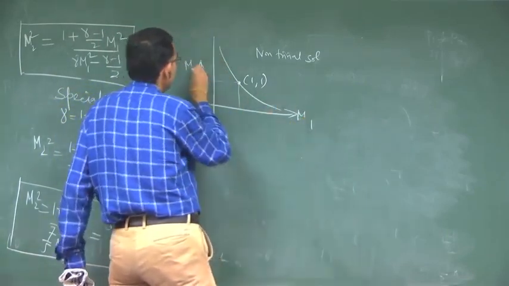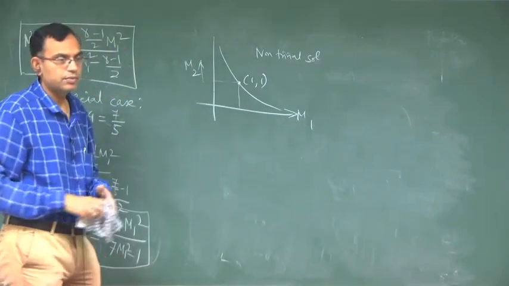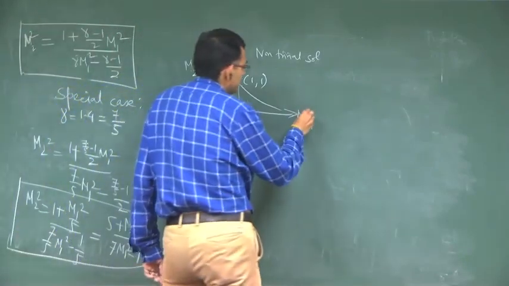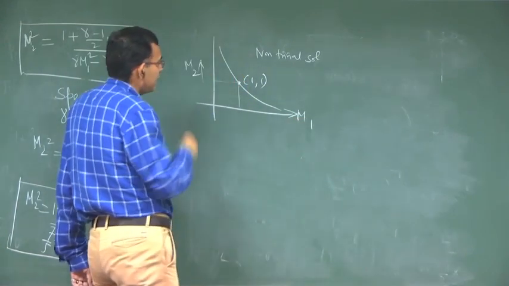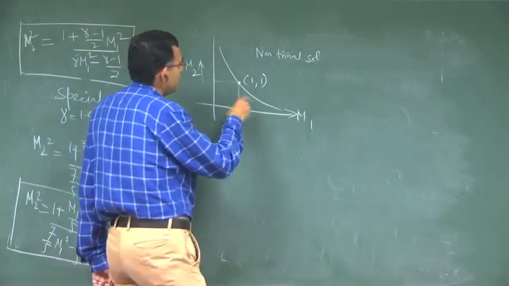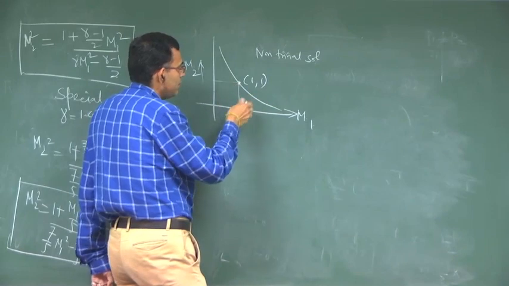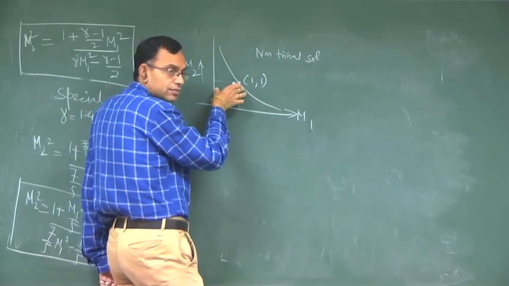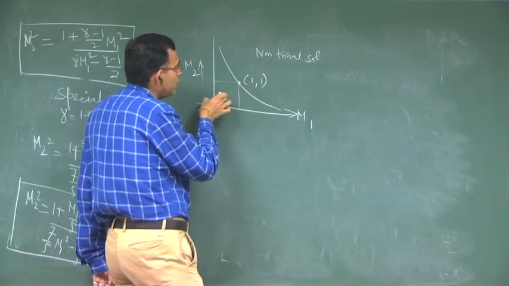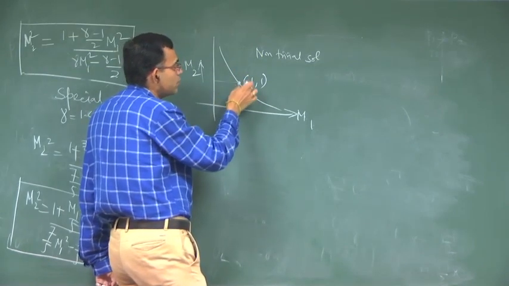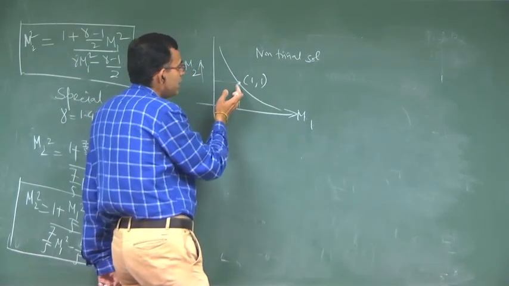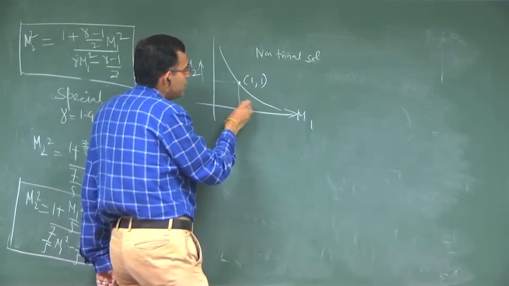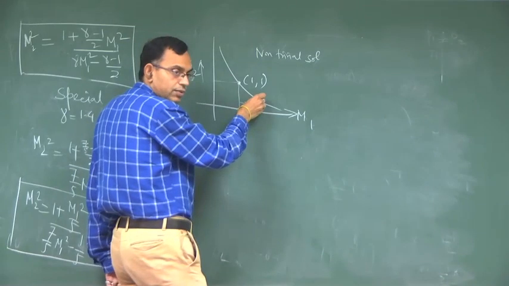This is the independent variable, this is the dependent variable. So, we can see that if m1 is greater than 1, then m2 is less than 1, and if m1 is less than 1, then m2 is greater than 1, because 1 comma 1 is a solution. So, anything on this side the y value is greater than 1, anything on this side the y value is less than 1.